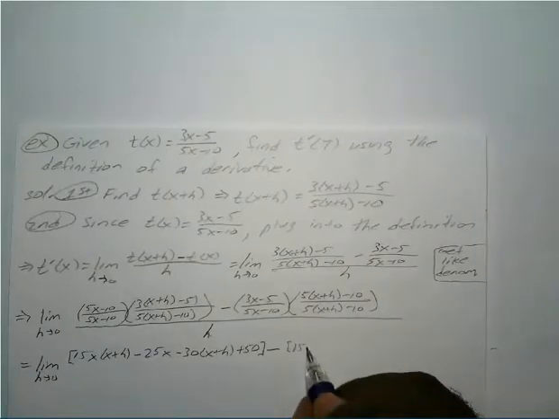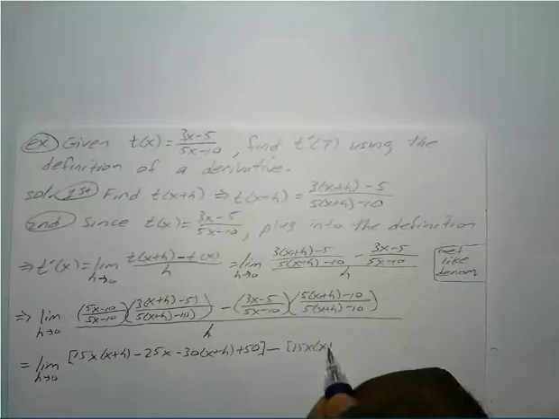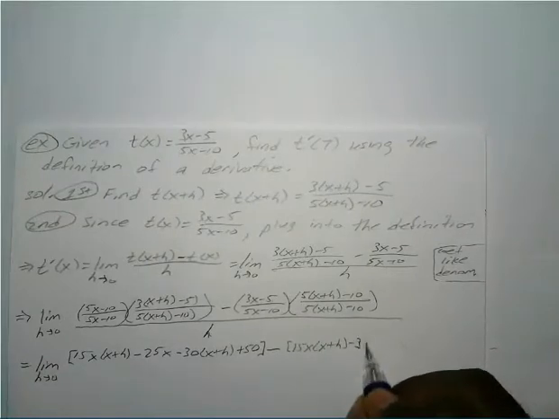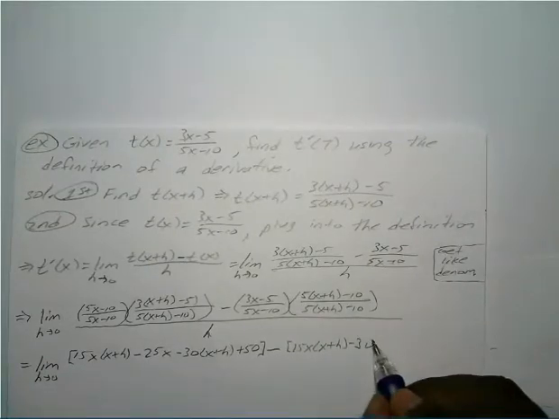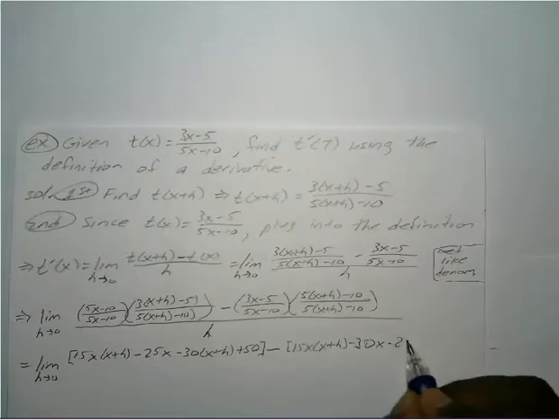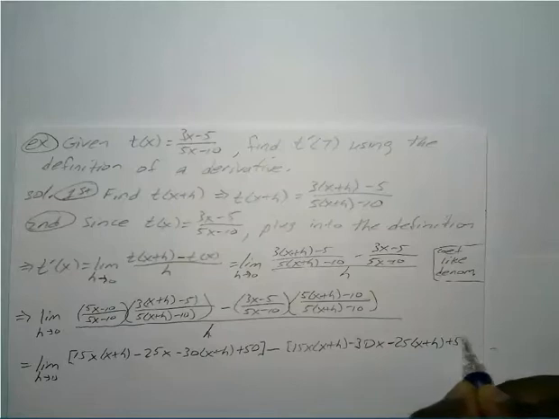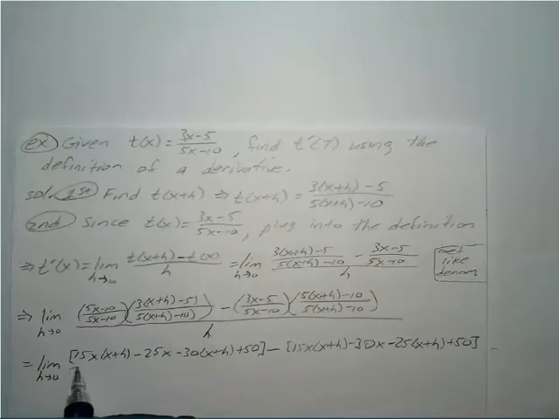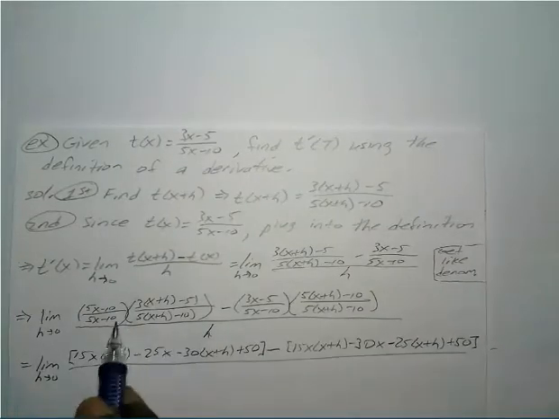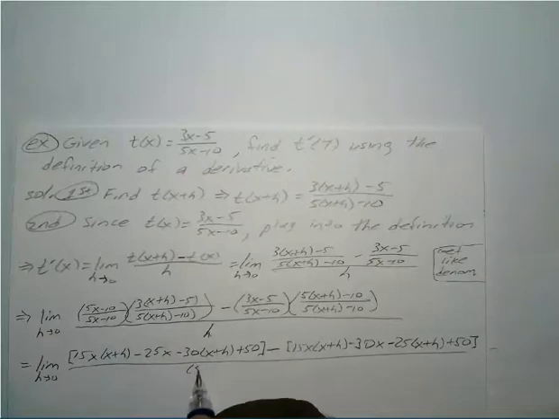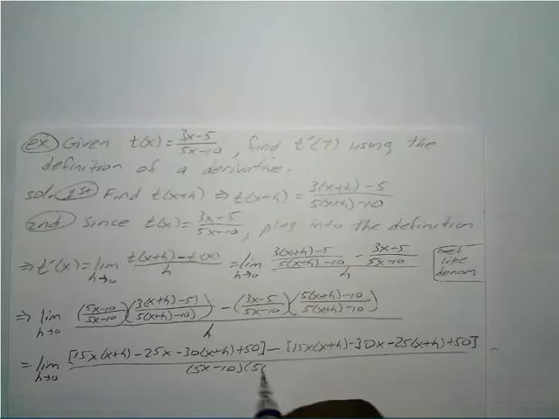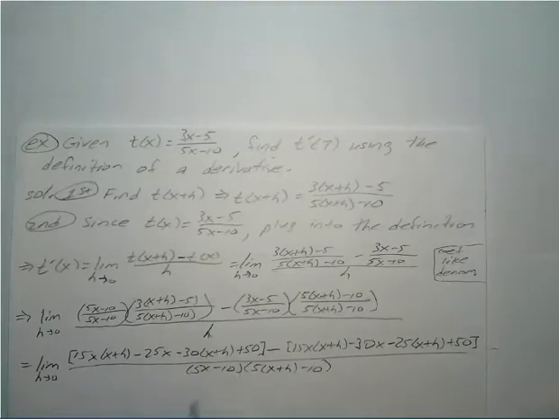So we have 15x times (x plus h), minus 30x, minus 25 times (x plus h), plus 50, all over the common denominator, which is 5x minus 10 times 5x plus h minus 10, and that is all over h.